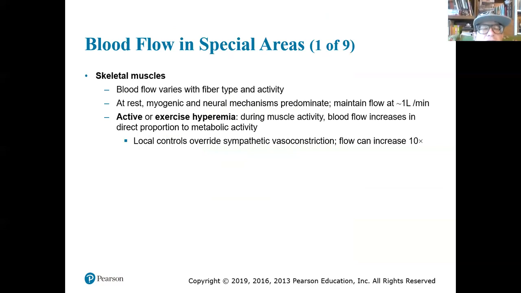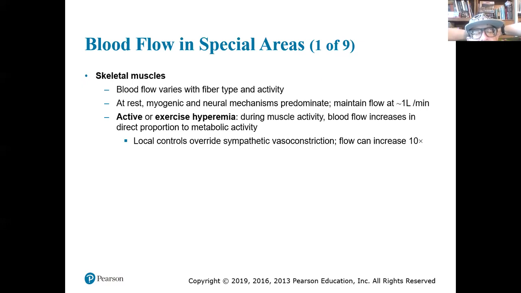Okay, going on. So blood flow to special areas. The skeletal muscle has blood flow, obviously. How much will depend on the amount of activity you're using and the type of muscle fiber. At rest, myogenic and neural mechanisms are going to predominate, and they're going to maintain flow at around a liter a minute.